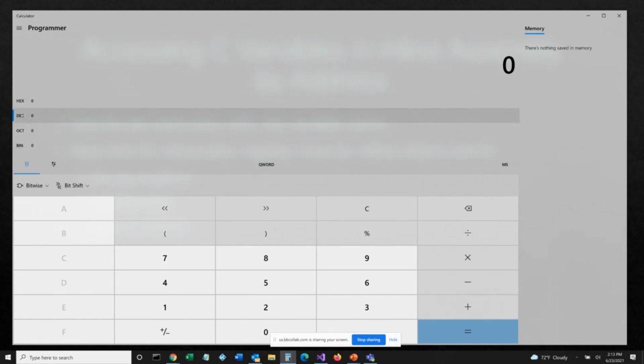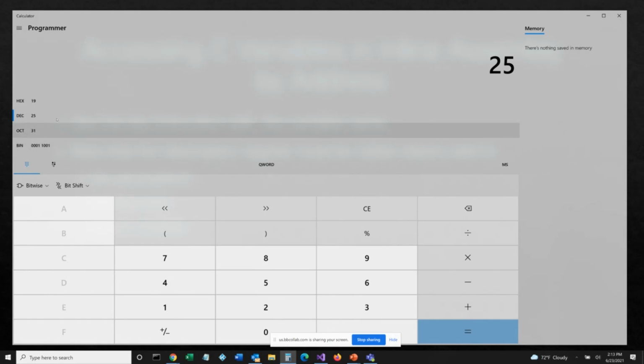Note that decimal is selected, so I can put in, say, 25, and it will immediately give me the hexadecimal, octal, and binary equivalents for that number.